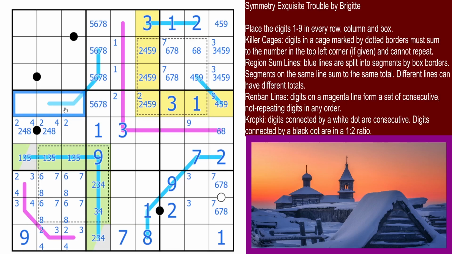Oh, these are 6, 7, 8, 9, right? Simply by Sudoku, 1, 2, 3, 4, 5 are all gone here. This must be 6, 7, 8, 9. High digits, right? Is 6 possible here? 6, 7, 5, 8, 13. Okay.